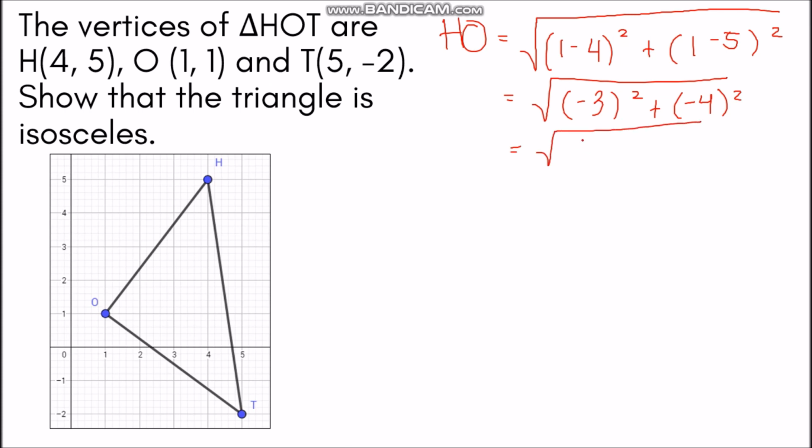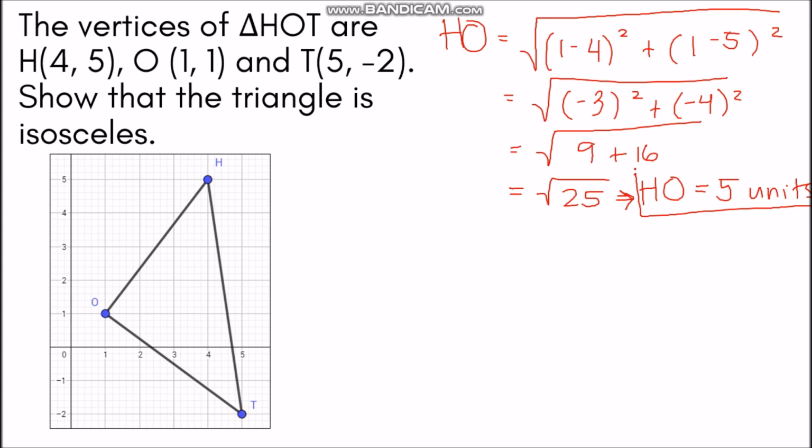Square root of 9 plus 16. This one is square root of 25, or HO now is equal to 5 units. So we already have the first side, which is HO, and this one is 5 units.